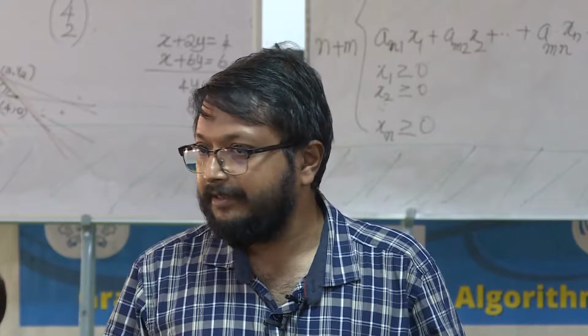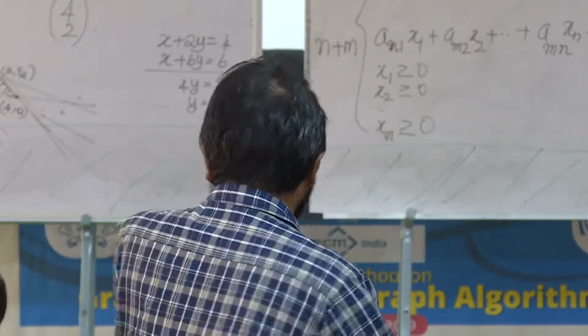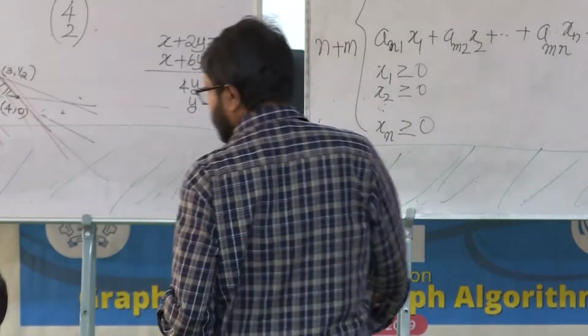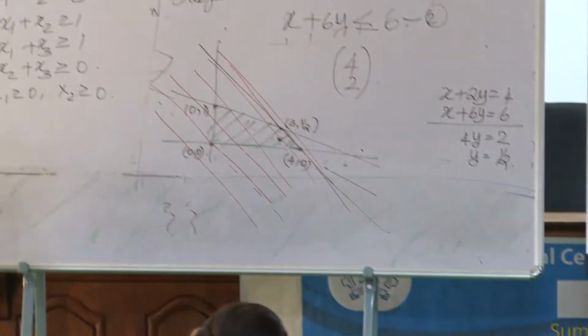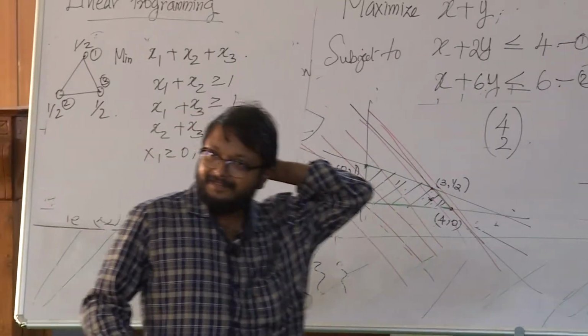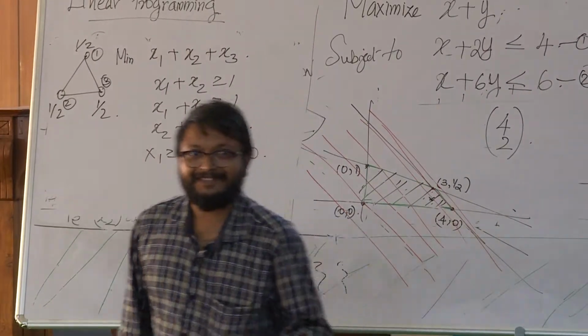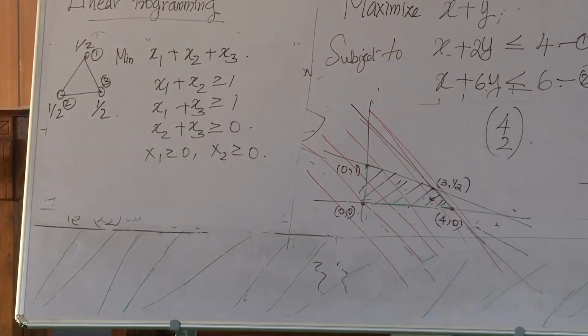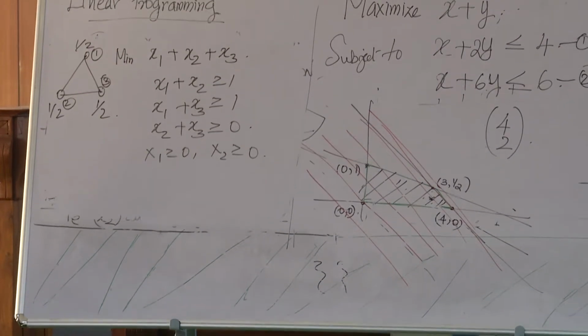This is one way of using this. We will see another way of using this. For that, we need to introduce the notion of the dual of a linear program, for which unfortunately there is no simple geometric interpretation. So let us try to look at the notion of the dual of a linear program.